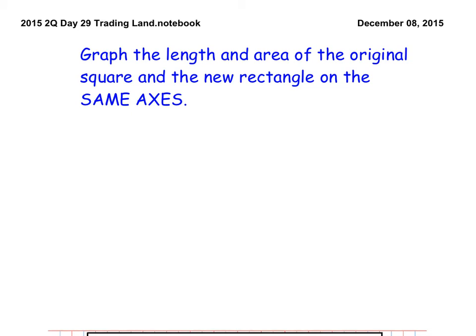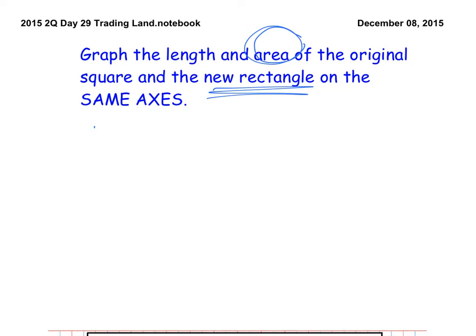Okay, now that you have the entire table filled in, I would love for you to graph the length and the area of the original square and the length and area of the new rectangle on the same axis, okay?